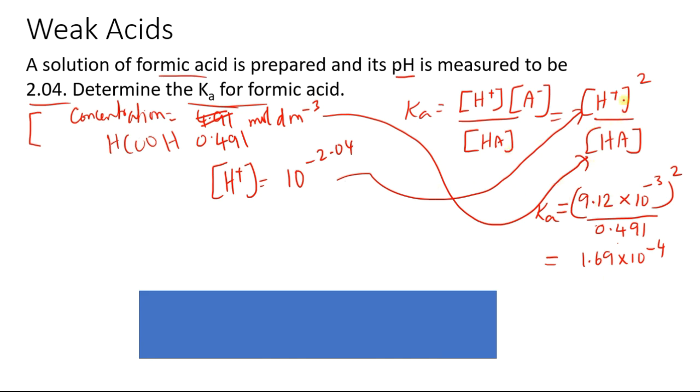There are two concentration units here, so if I write the units, H plus is mole per dm cubed, squared, divided by mole per dm cubed. If I cancel one of them out, you're left with just mole per dm cubed. So mole per dm cubed is the unit for Ka in this.